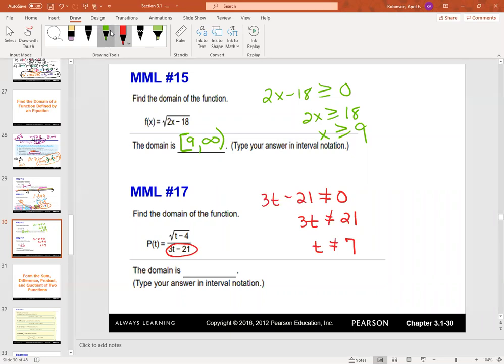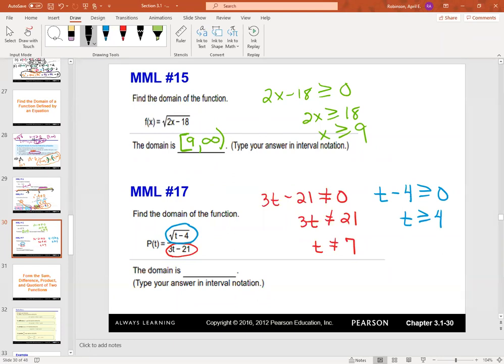But then I also have to deal with this guy. The square root of t minus 4 tells me that the t minus 4 has to be greater than or equal to 0, because if it was less, it would be negative. And if I just add 4 over, t has to be greater than or equal to 4. All right.